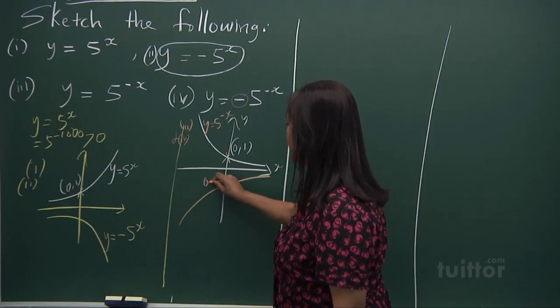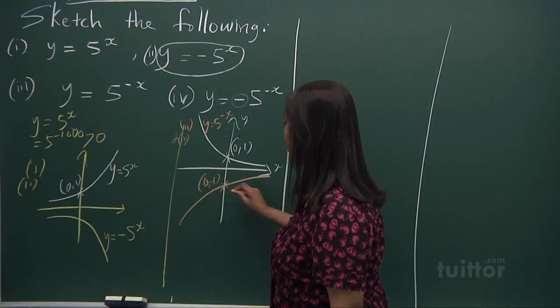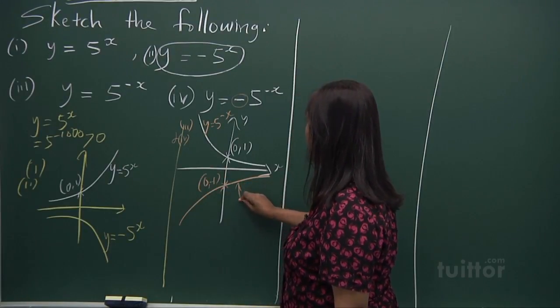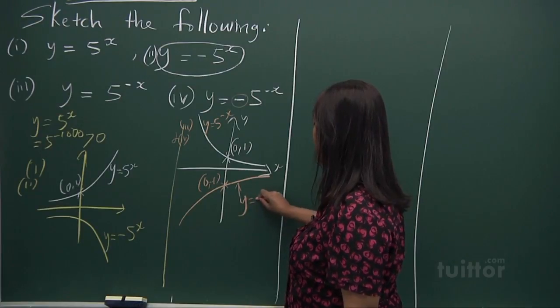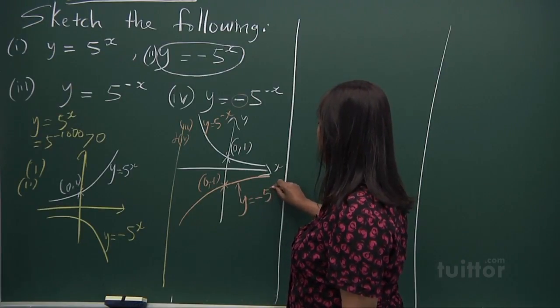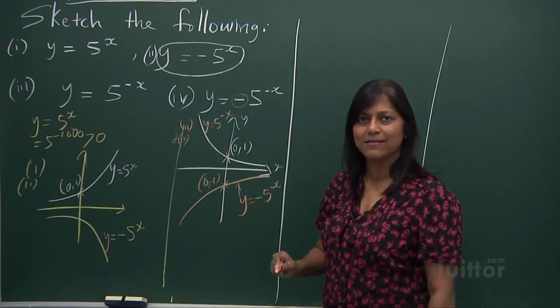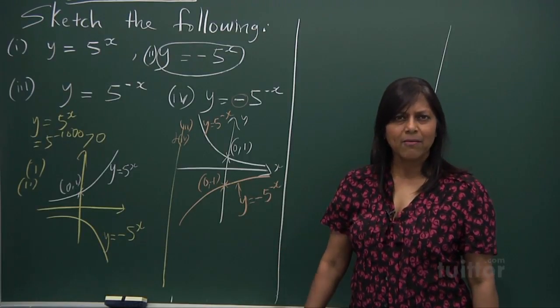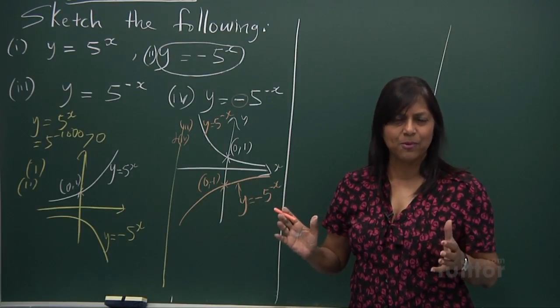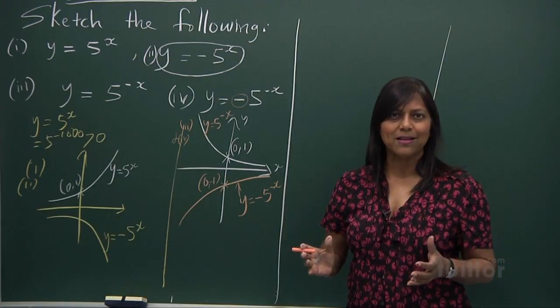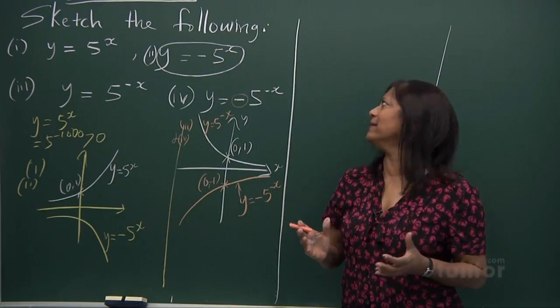So this will be 0 and minus 1. And the name of this graph is y equals minus 5 to the power of minus x. Have you got it? So this is the exponential function. I hope you've got it better.